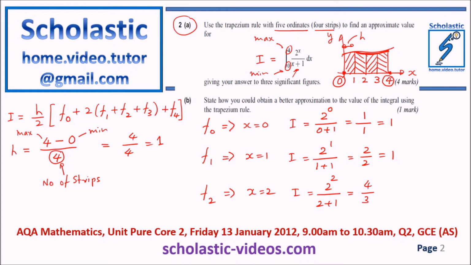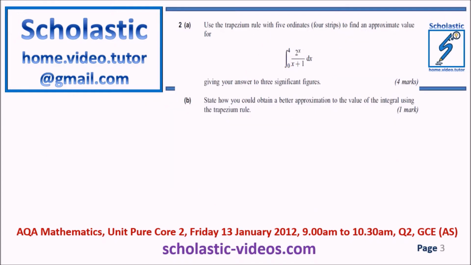Let's continue further. Now we still need to calculate f3 and f4. f3 is when x equal to 3. We can calculate 2 to the power 3 over 3 plus 1, which is equal to 8 over 4, which is equal to 2.